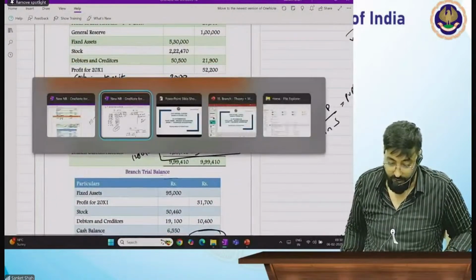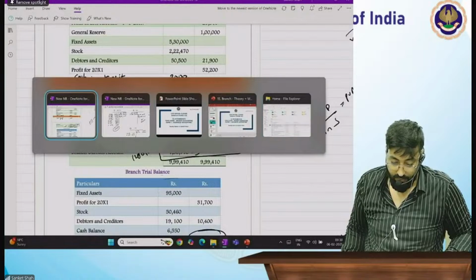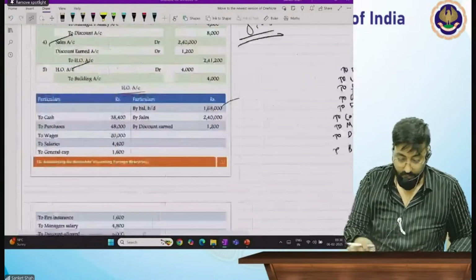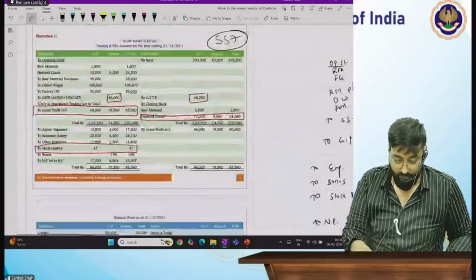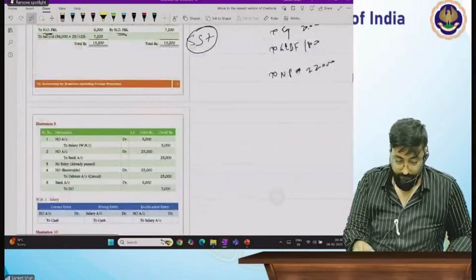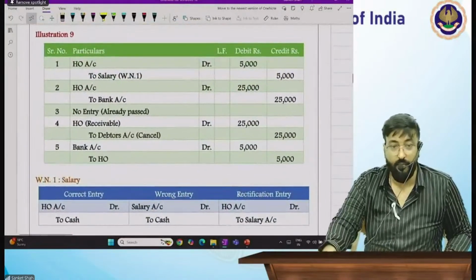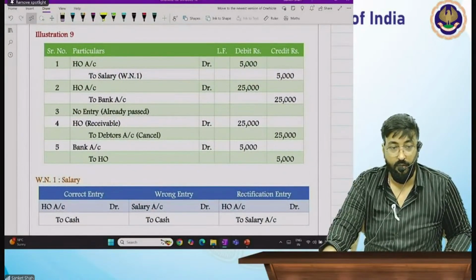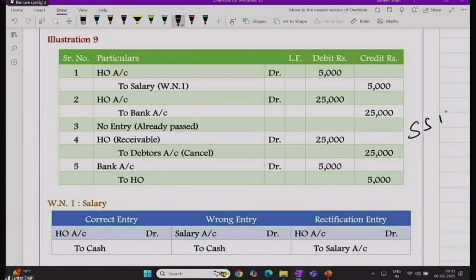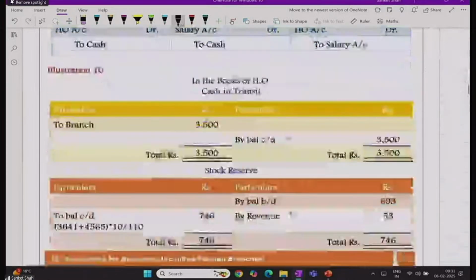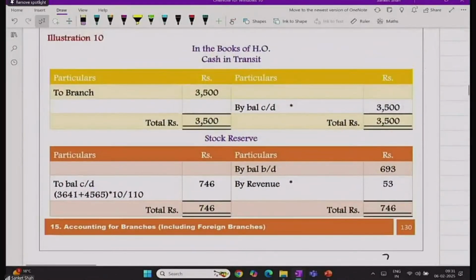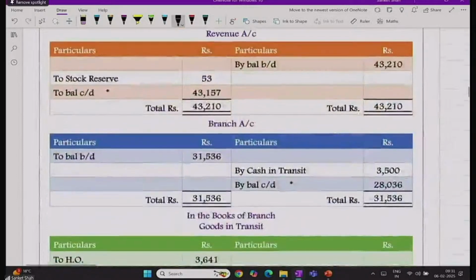Okay, take a screenshot. Screenshot 1. Done, sir. Screenshot 2. Done, sir. 3.